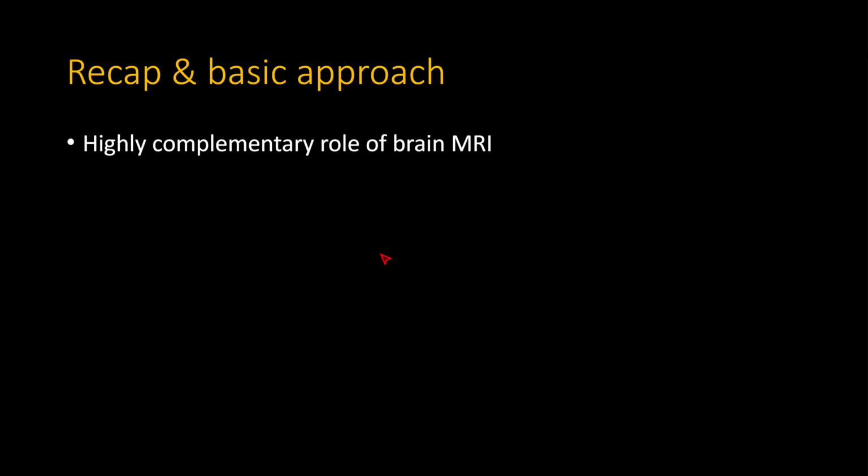Because most often the answer is yes. And as you saw in the very first case that I showed in the lecture, you can sometimes, by obtaining a brain MRI, give the final diagnosis for some of these spinal cord lesions. So keep brain MRI also in the back of your mind.